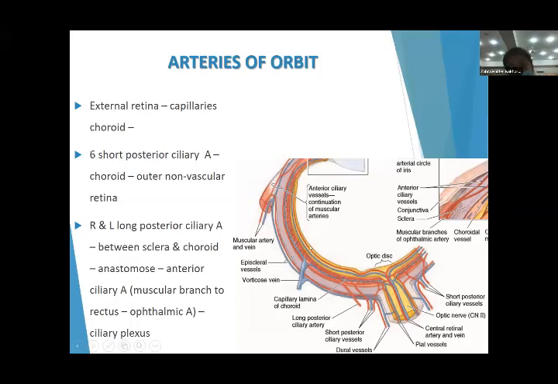Inner को हमने already central artery of the retina की branches से supply कर दिया, inner part surface of the retina. अब आ जाते हैं long posterior ciliary.